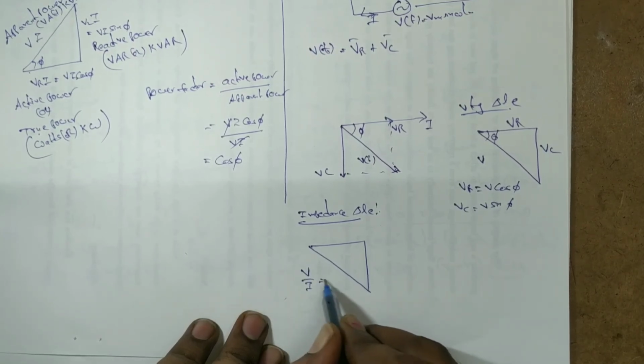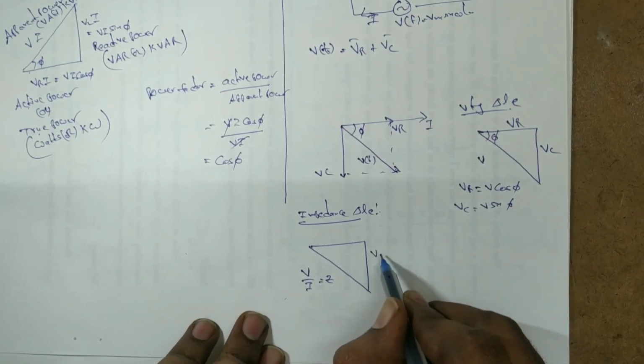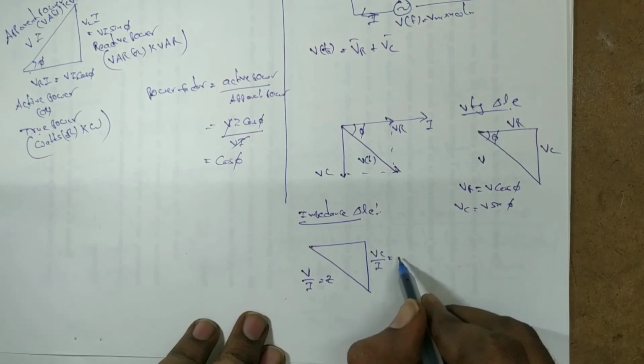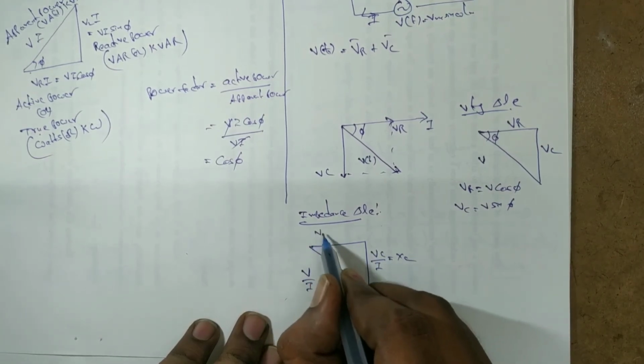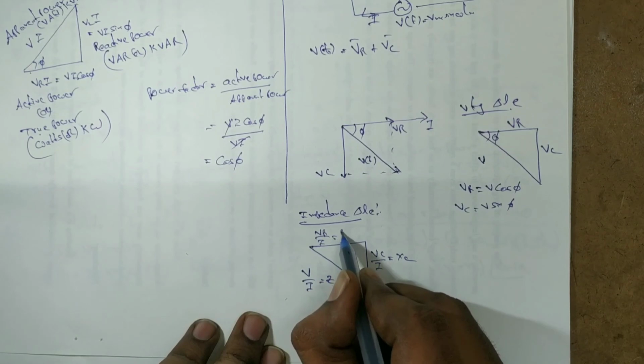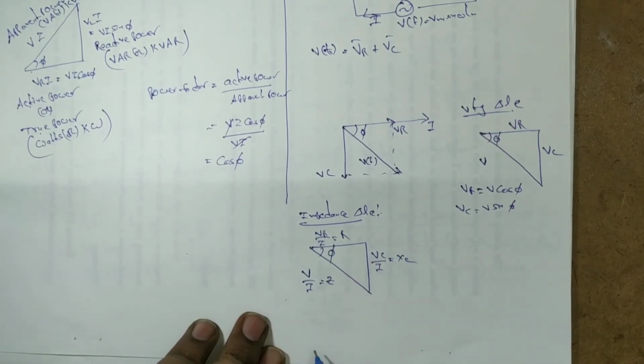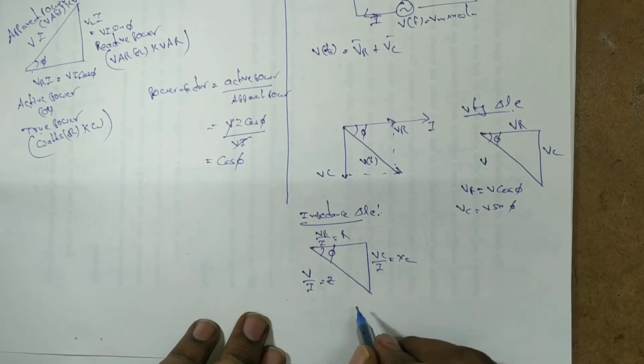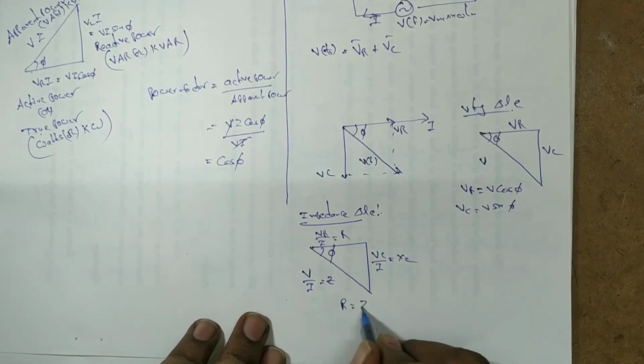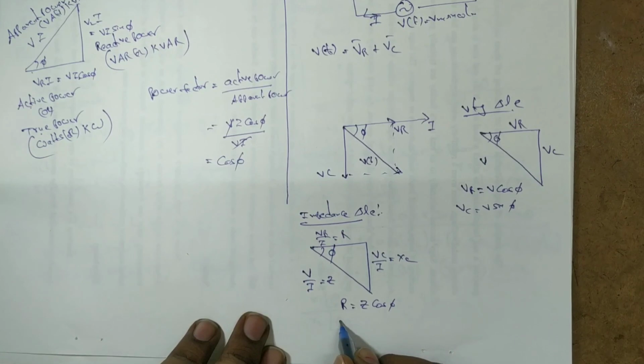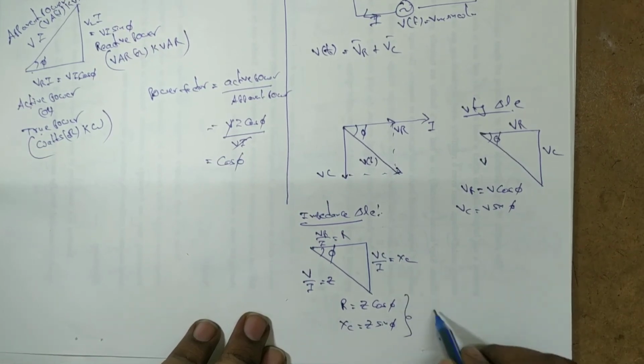V by I equals Z and VC by I is nothing but XC. Here XC indicates the reactance of the capacitance, and VR by I is nothing but R. From here, R equals Z cos phi and XC equals Z sin phi. And if we compare these, Z equals R minus jXC.